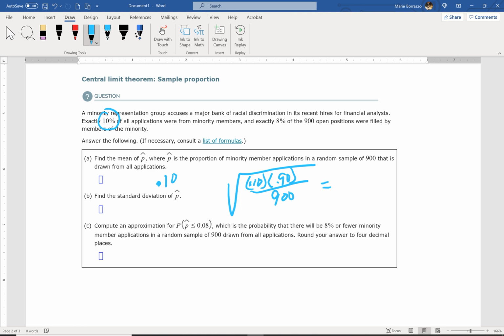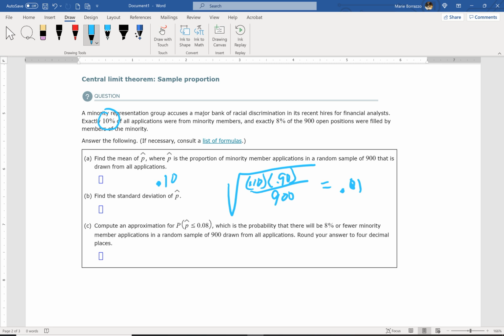So when we do the math here, again, I'm just using a regular calculator. 0.1 times 0.9, which is 0.09 divided by 900. And if I take the square root of that, I should end up with an answer of 0.01. Okay, so you could do that in your calculator.